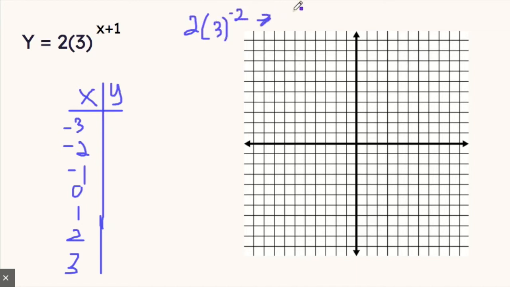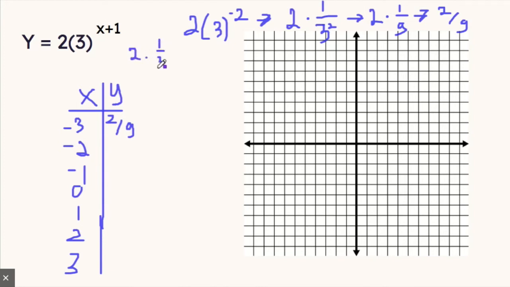It's going to be 2 times 1 over 3 squared, which is 2 times 1/9, equal to 2 over 9. At -2, it's going to be -1, so just 2 times 1 over 3, which is 2 over 3.